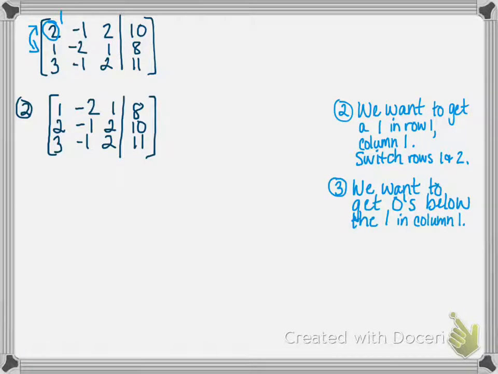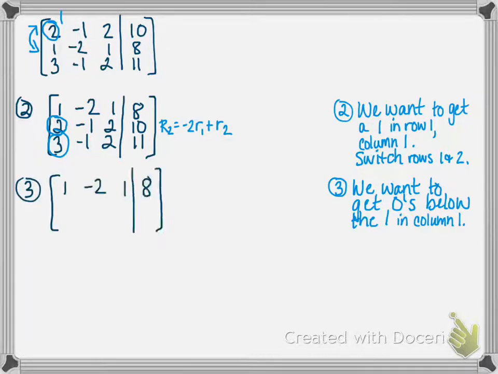Next, we want to get zeros below the 1 in column 1. We want this 2 and this 3 to be turned into zeros. So what I'm going to do to row 2 is multiply row 1 by -2 and add it to my old row 2. So my row 1 will stay the same, 1, -2, 1, 8.